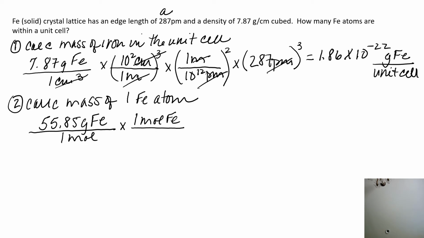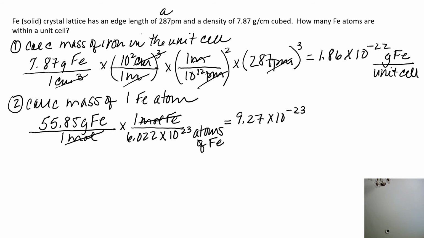And 1 mole of Fe then contains 6.022 times 10 to the 23rd atoms of Fe. So this will give me the mass of 1 iron atom, and that is 9.27 times 10 to the negative 23rd grams of Fe per atom.